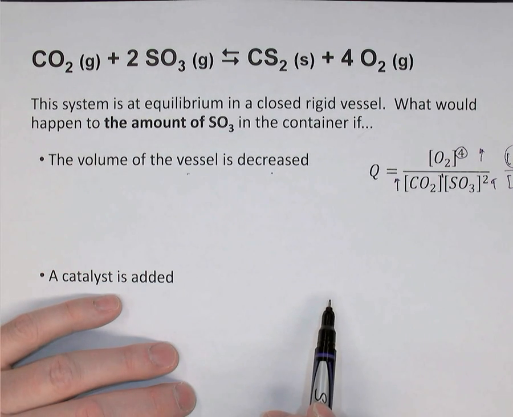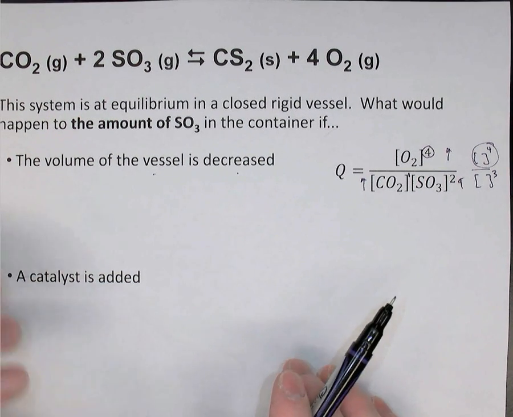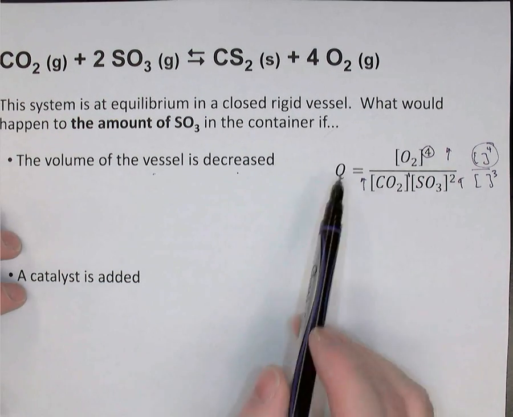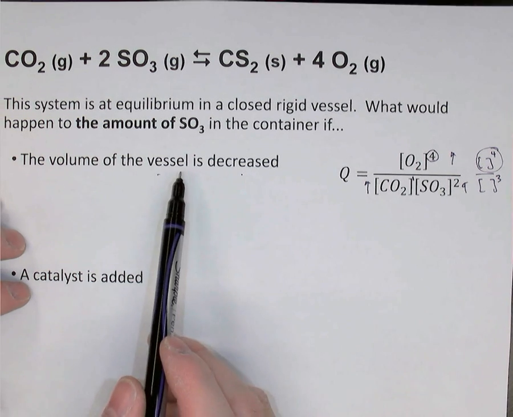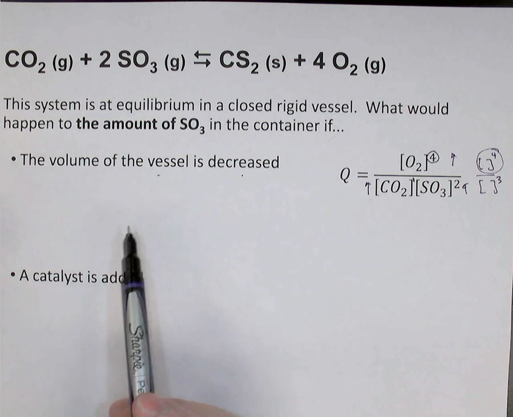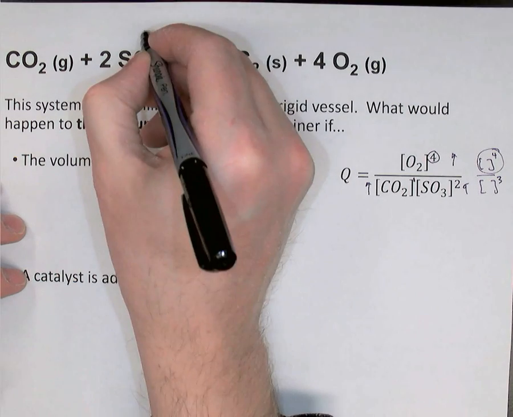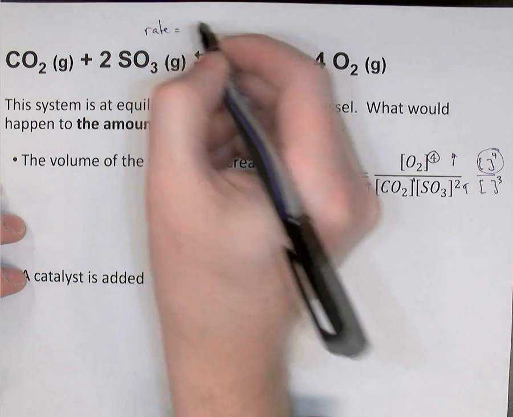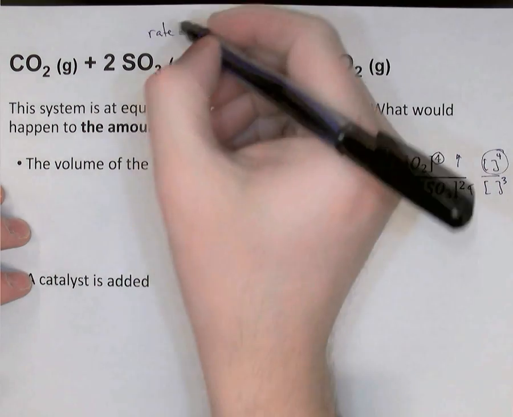What about from a kinetics perspective? Well, from a kinetics perspective, we'd end up saying that if you've increased all of the concentrations by lowering the volume, that's going to increase the forward rate and the reverse rate. But do they increase equally? If you think of the rate law for the forward reaction, we'll just assume for this argument that it's an elementary process.